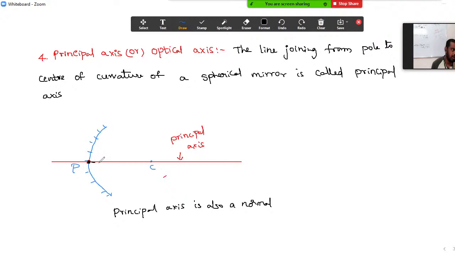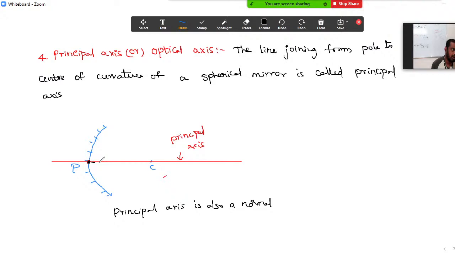You can extend from P and you will get the line in this direction and in this direction also. You should not take only the portion between pole and C; you need to extend that line also. And remember, the principal axis is also one of the normals at the pole. Clear?